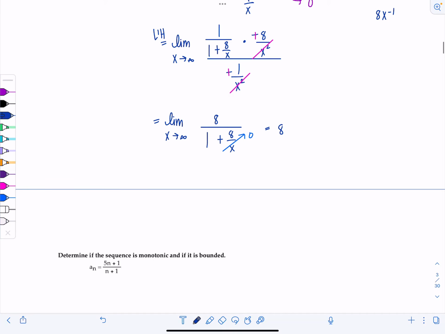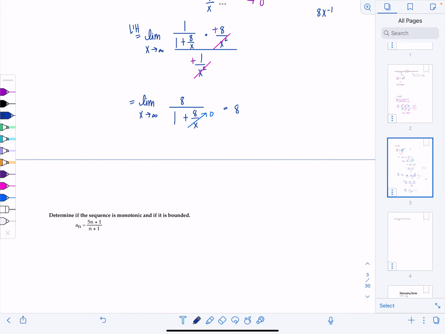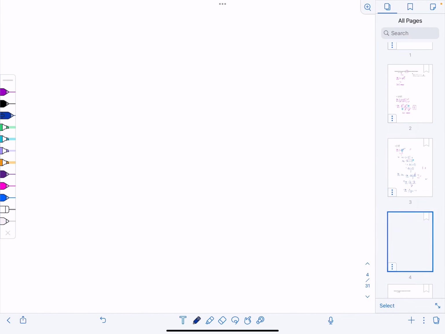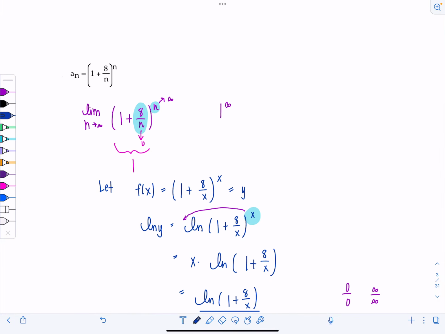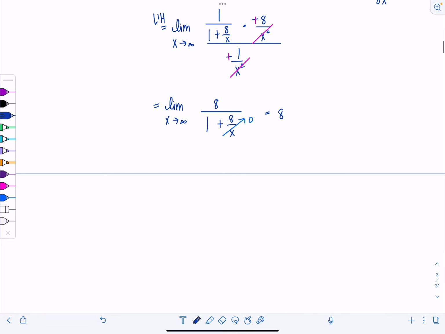All right, so let's summarize. Oh my, I need more paper. Okay, now let's summarize what we just found. This tells me that the limit as x goes to infinity of f of x is going to be e raised to the limit as x goes to infinity of the natural log of f of x.